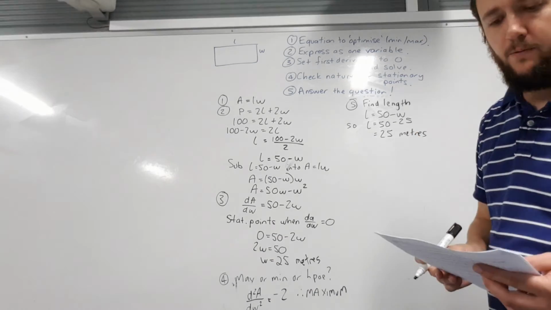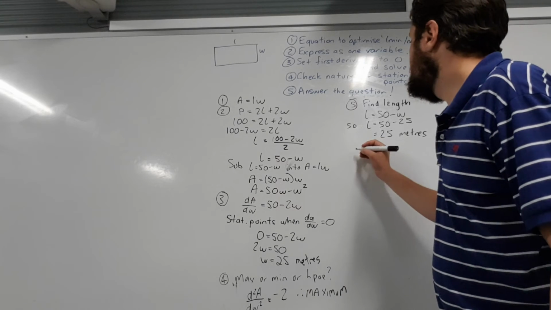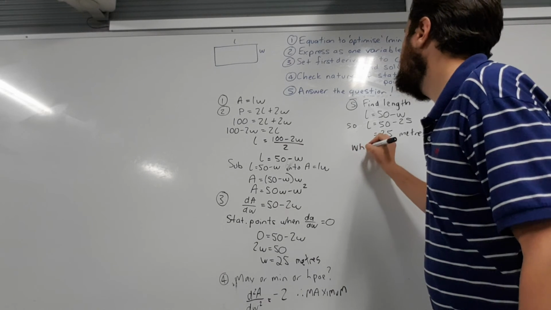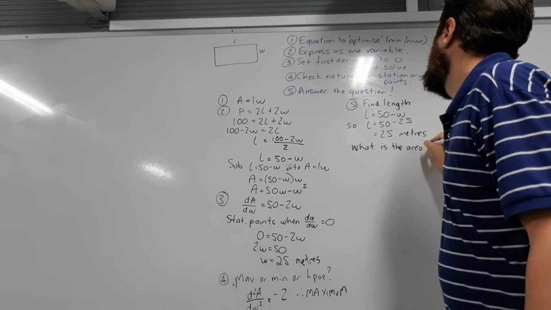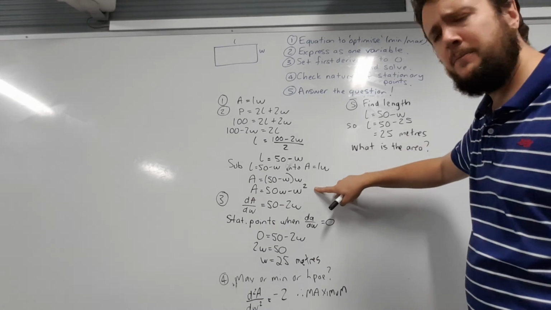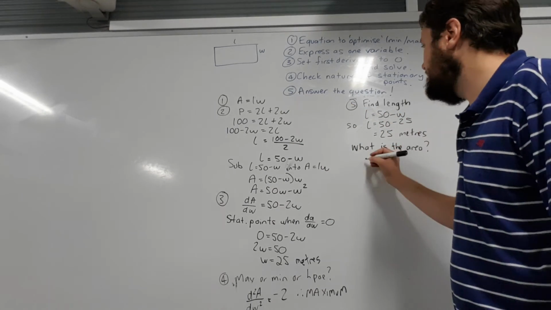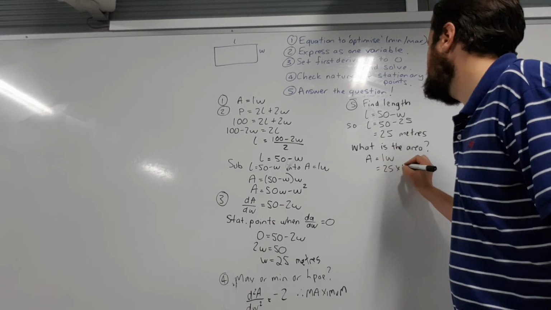And you may also think, well, the question asks for the maximum area. So what is the area? I could have used that formula for area and just put W into it, but now I have length and width anyway, so if area is length times width, it's going to be 25 times 25.